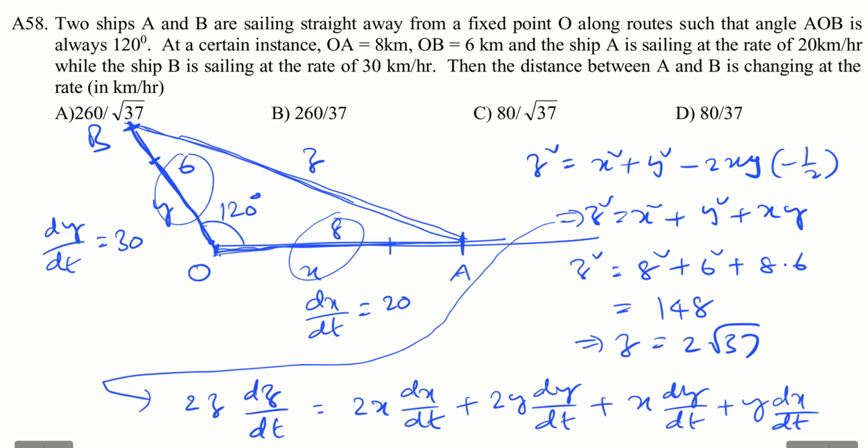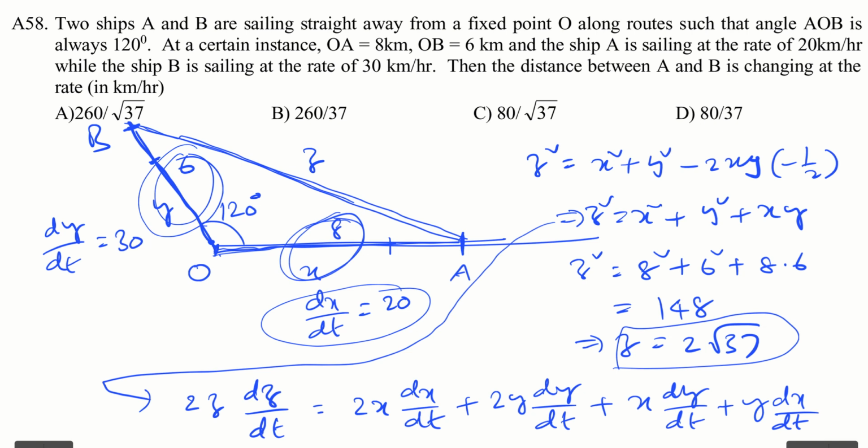Now you know every value. You have z value, you have x value, x is 8, dx by dt is there, y is 6, dy by dt is there. So substituting all those values, you get what you want, that is dz by dt.